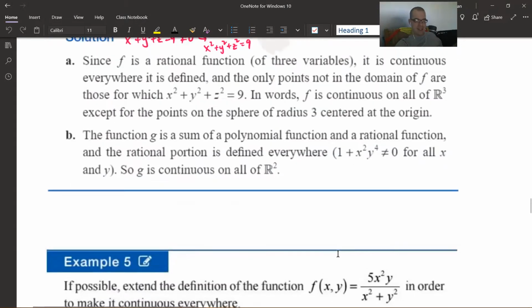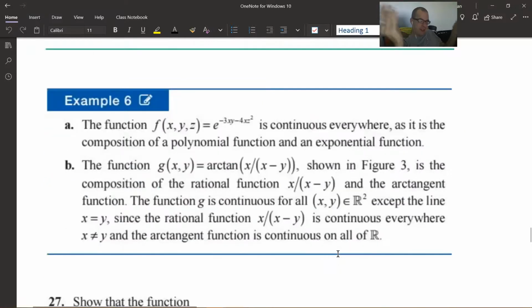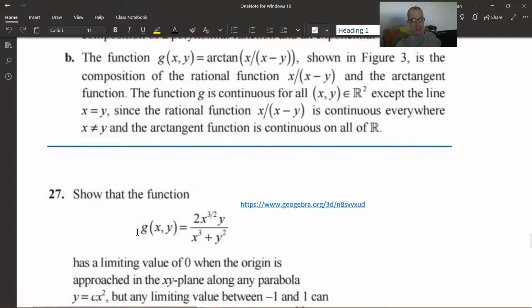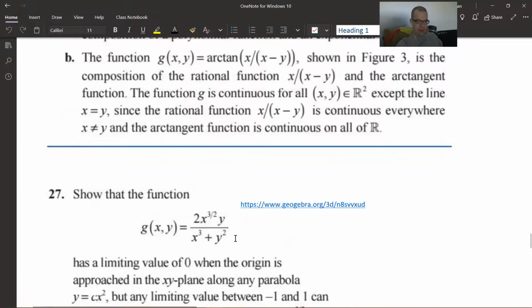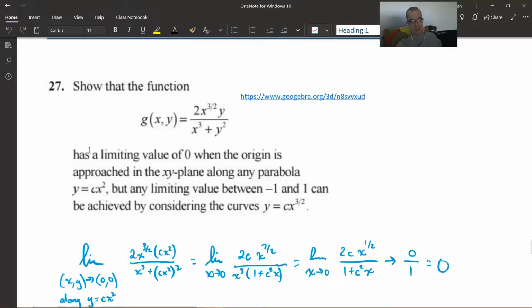Those last several examples about continuity, they're cool, but I brought in this bonus example. We can call this example number 7, but really it's problem number 27 from the homework exercises. I thought this function was really cool and demonstrates another algebraic technique for showing that a limit either doesn't exist or does exist.